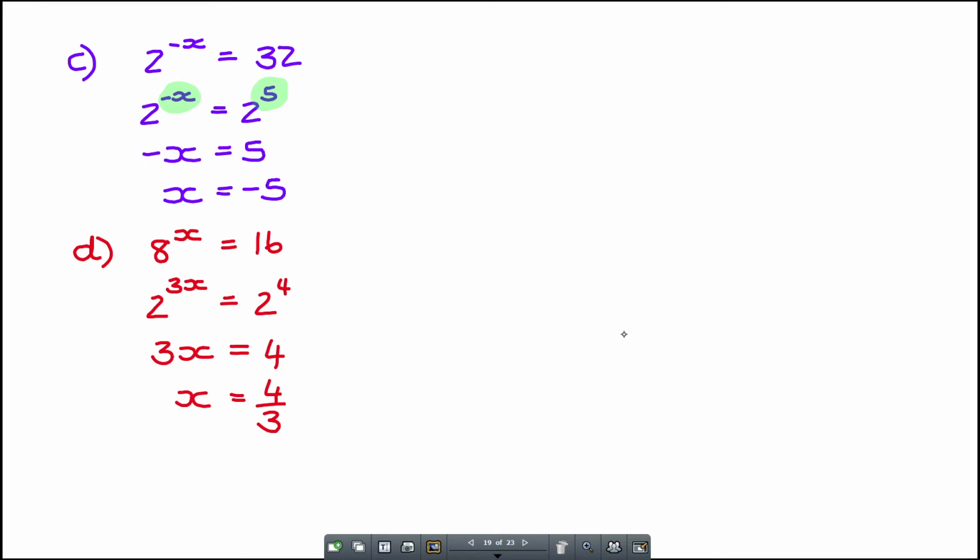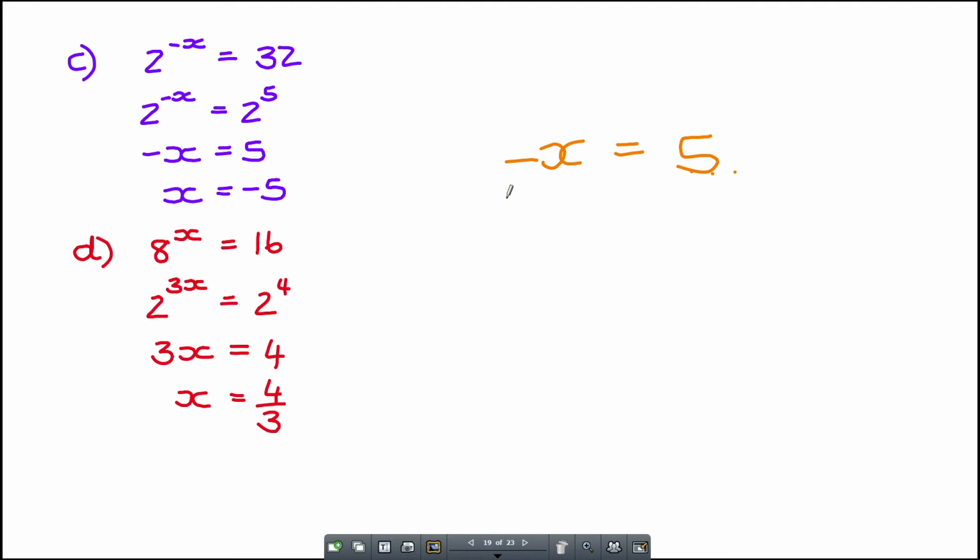Okay, now you will see that I have minus x. But we don't want minus x. We usually have x equal to something. So to get rid of that minus, you can either say times minus 1 or divide by minus 1.